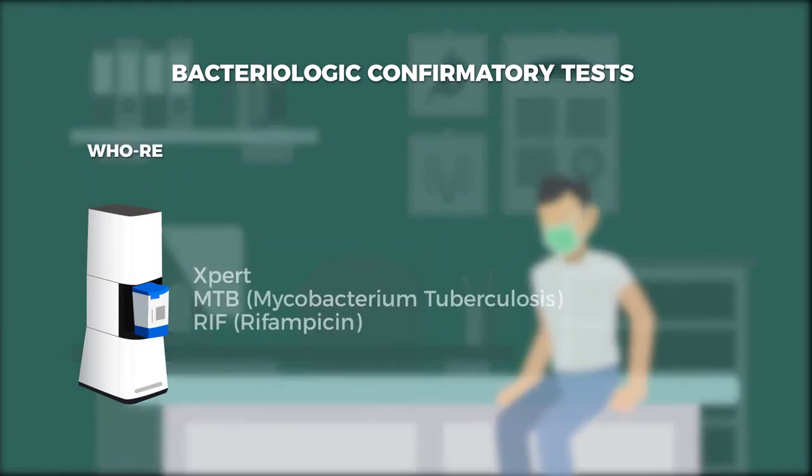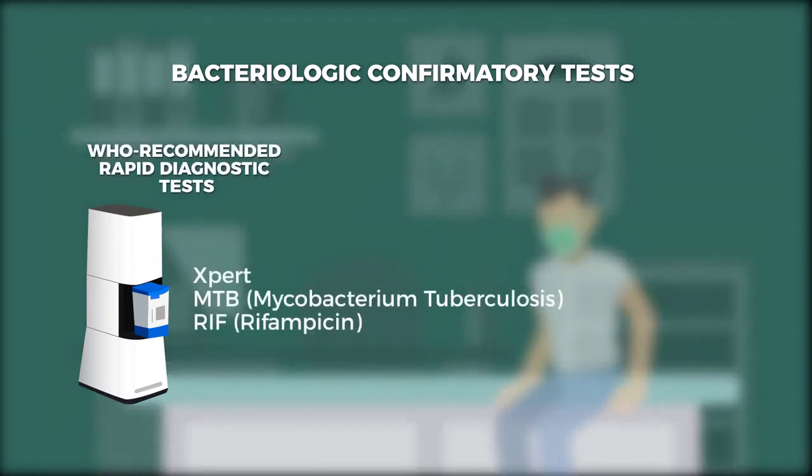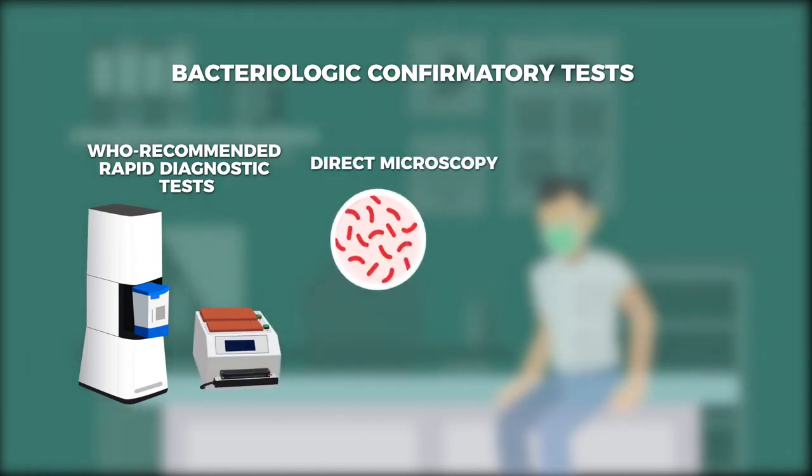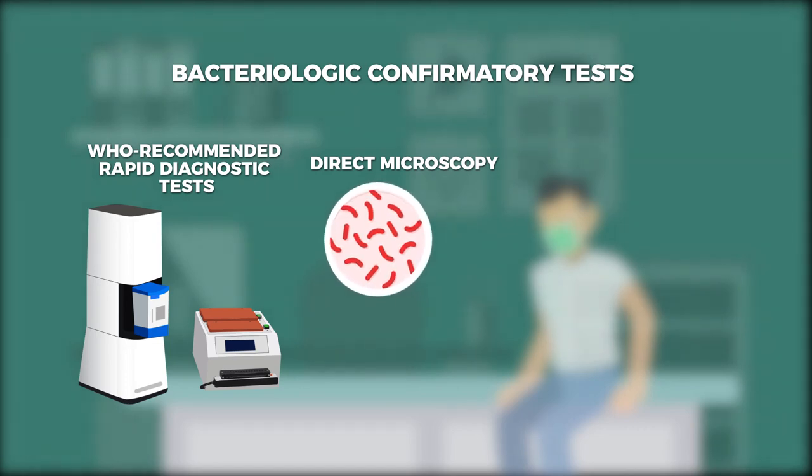1. WHO recommended rapid diagnostic tests like Xpert MTB-RIF, which is the primary diagnostic test, or TB LAMP, which is the alternative. 2. Direct microscopy. And 3. TB culture.